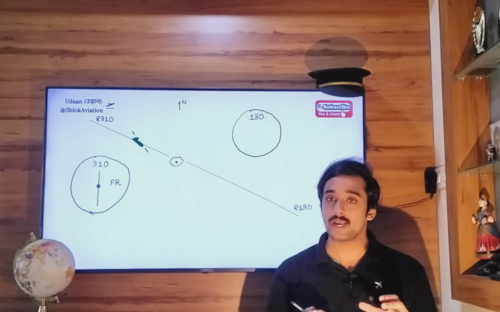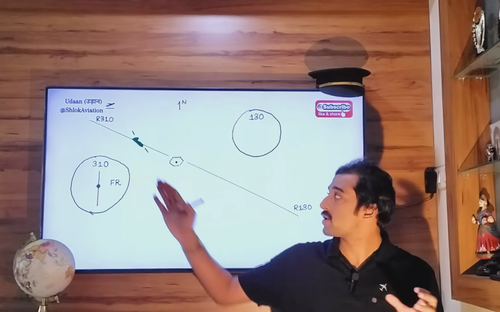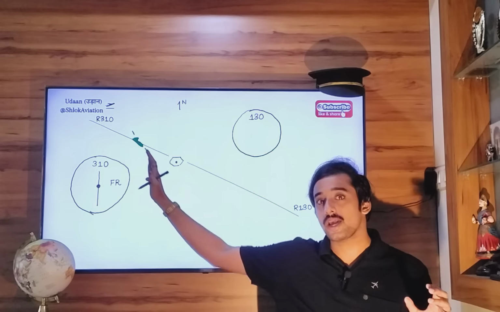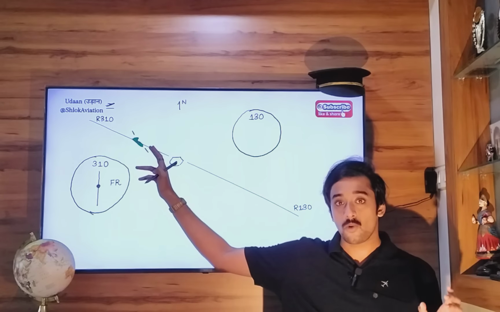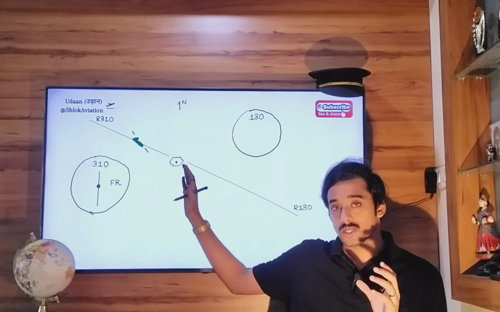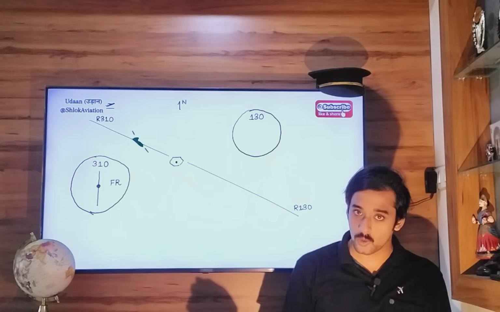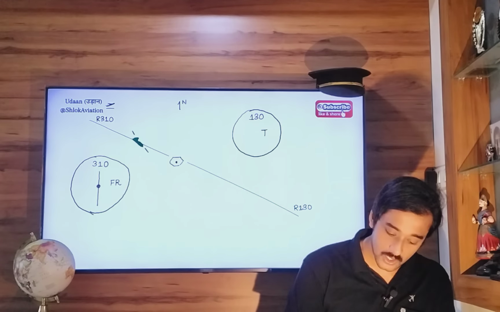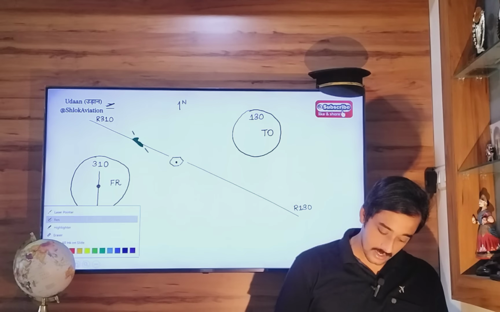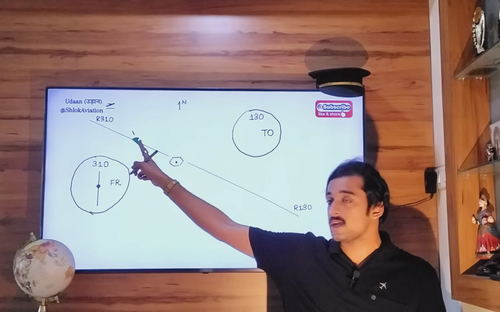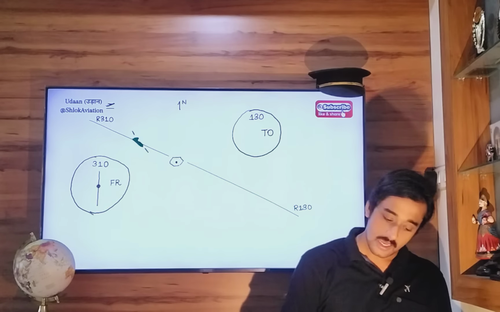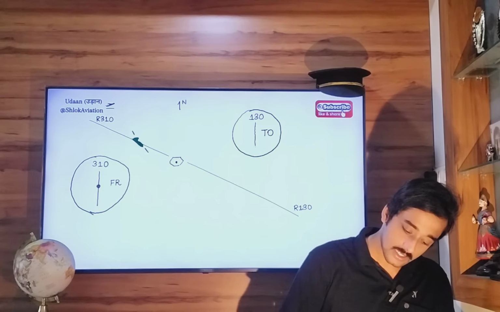Now, if you want a 2 indication, you will get a 2 indication when you are flying the same radial 310 inbound. So if you want to fly inbound towards this VOR, the correct OBS setting will be to put 130 in the OBS. When you do that, you will get a 2 indication. And if you are correctly positioned on the center line of this radial flying inbound, the CDI needle will remain in the center.